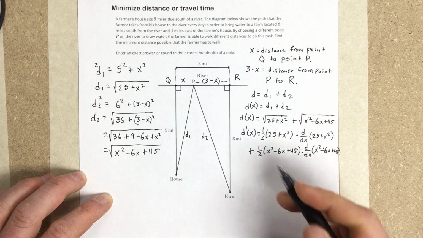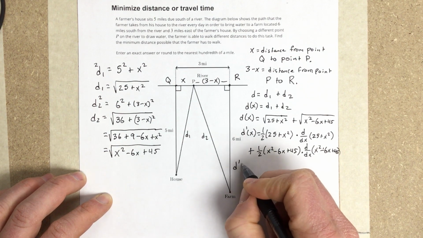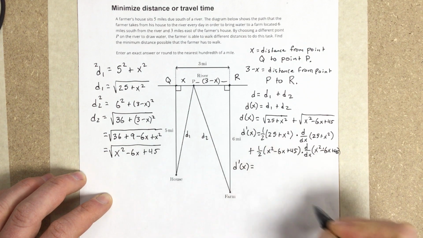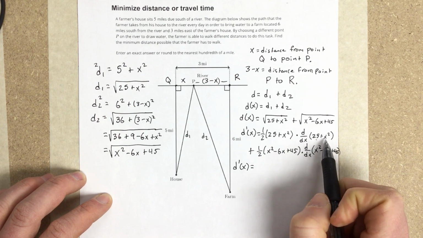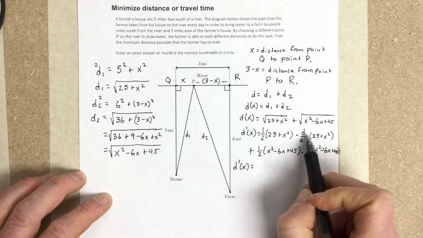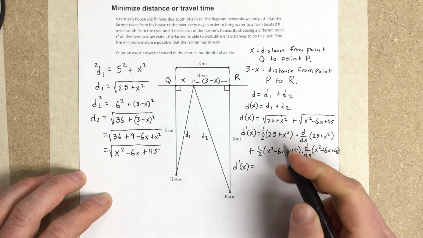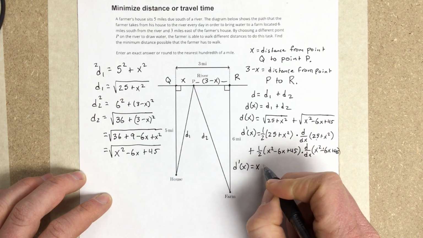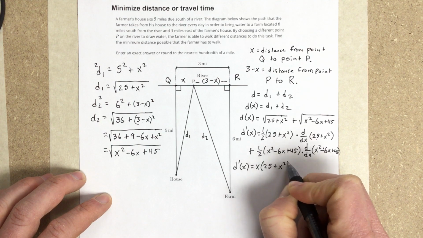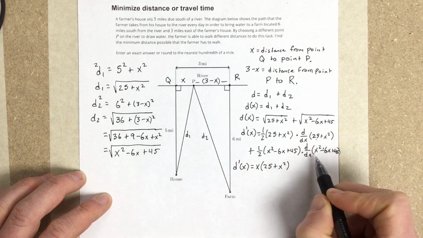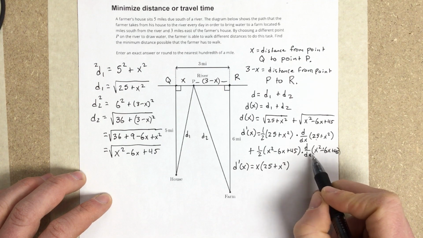So when we do this derivative, we end up with D prime of x is equal to, the derivative of 25 plus x squared is just 2x. So I end up with 2x being multiplied times this 1/2. So I end up with x times (25 plus x squared). Derivative of this would be 2x minus 6.